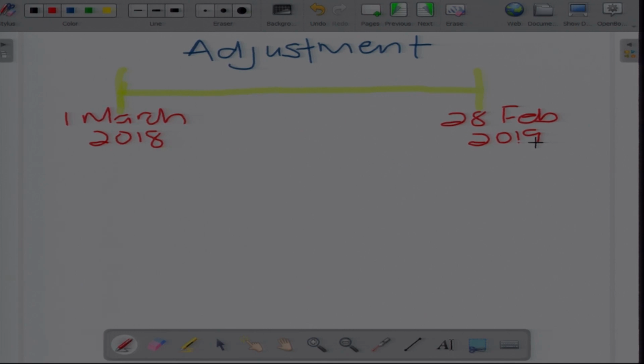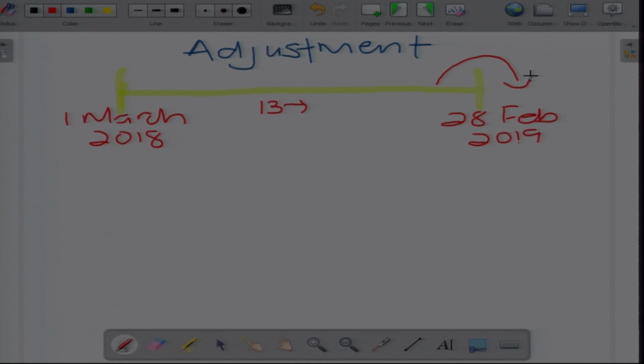For example, if you've paid something for 13 months, remember, a financial year only has 12 months. So let's say you've paid rent for 13 months, 1 month does not belong here. It belongs in the next financial year. Then you need to adjust it.